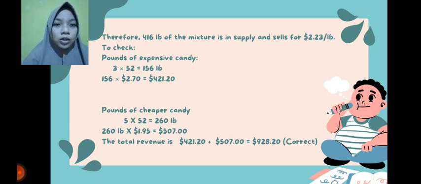The total revenue is $421.20 plus $507 equals $928.20, which is correct.